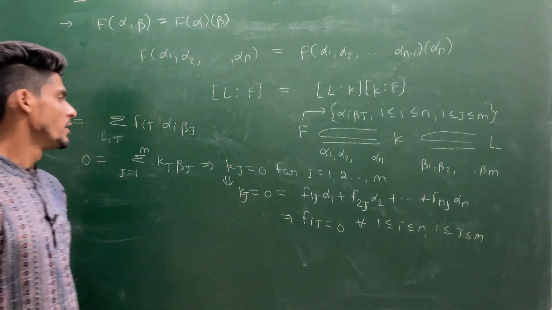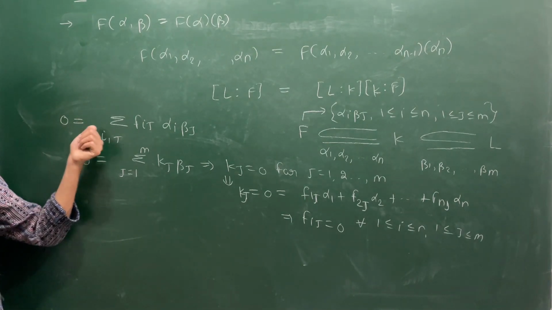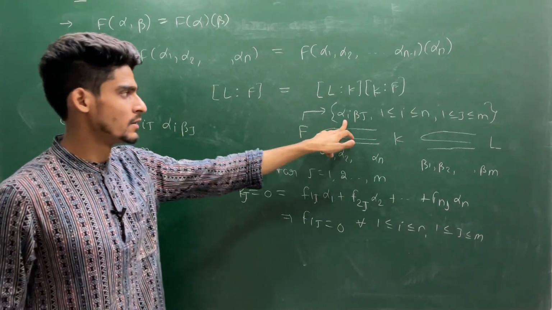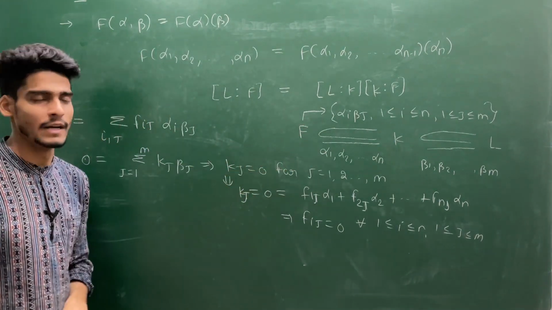So you have proved here, if you take a linear combination of the 0 element, then it has only the trivial linear combination. That means this is a linearly independent set.